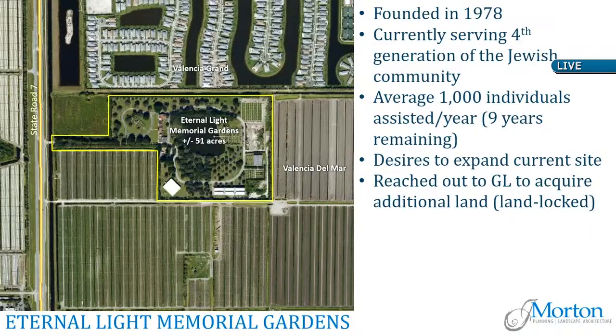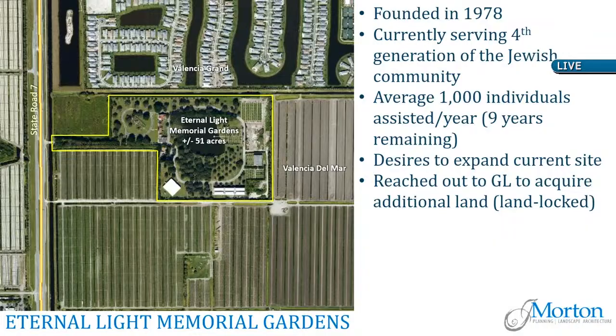However, you can see from this aerial, the cemetery is landlocked and will be at capacity in just 9 years. They have reached out to GL Homes to acquire adjacent land, but without this amendment, they cannot expand. This policy gives them and the community a future home.